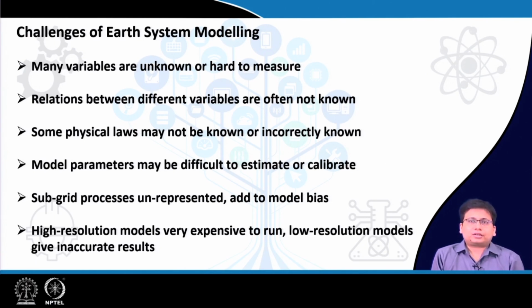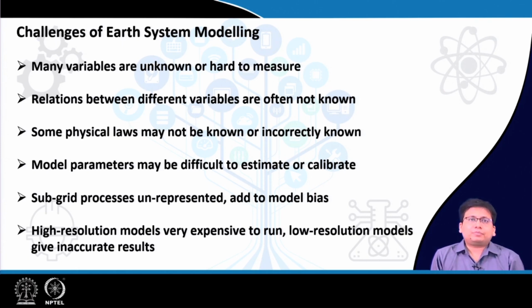So there will be certain spatial resolution, temporal resolution and so on. Now whatever resolution we are working at, let us say 50 kilometer by 50 kilometer or something like that, or hourly or daily in the temporal dimension.